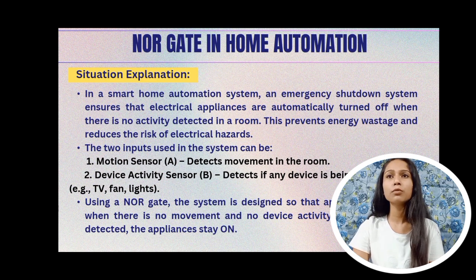The two inputs in the system are a motion sensor that detects motion in the room and a device activity sensor that detects if any device is being actively used, like TV, fans, lights, etc. Using a NOR gate, the system is designed so that the appliances turn off when there is no movement and no device activity. If any activity is detected, the appliances stay on.